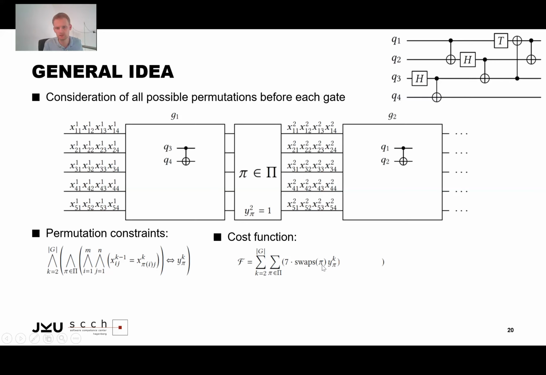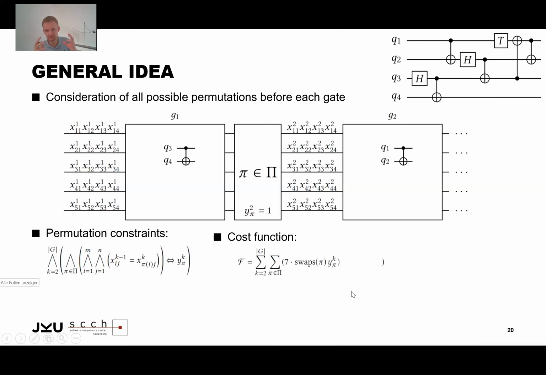Then we know that a single swap gate has cost of 7. That means we calculate 7 times the number of swap gates we needed to realize pi, and then if at the current position y pi is 1, that means if this permutation indeed is realized by those x assignments, then we enforce that those costs are added to our overall costs.